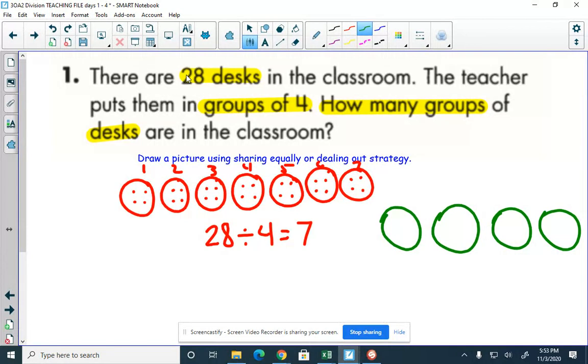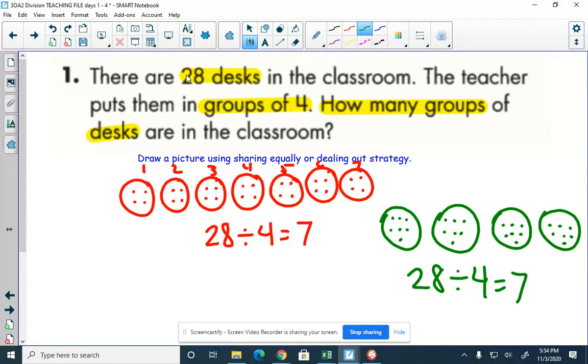So we could look at it that way. 1, 2, 3, and so on up to 28. So if I have 28 and I put it into 4 groups, I'm going to flip flop it. Then I'm going to end up with 7 in each group.